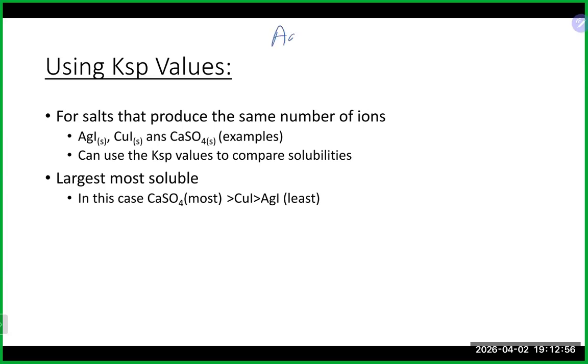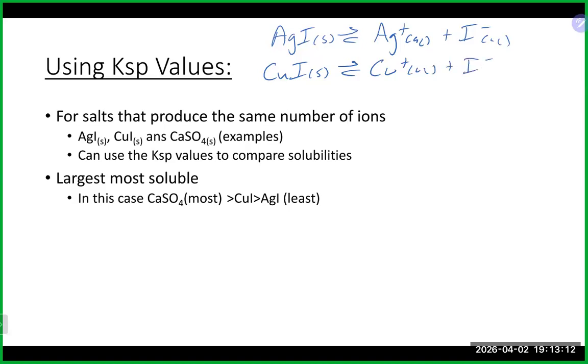Silver iodide breaks apart into a silver ion and an iodide. Copper 1 iodide breaks apart into a copper 1 and an iodide. And calcium sulfate breaks apart into a calcium ion and a sulfate ion.